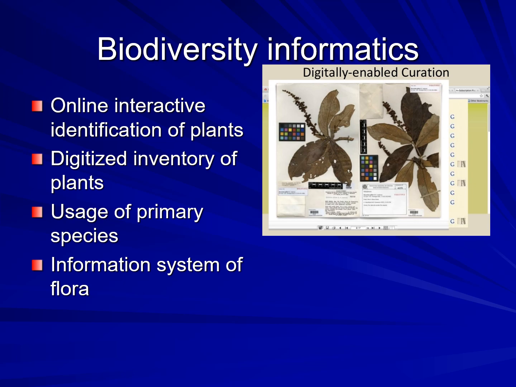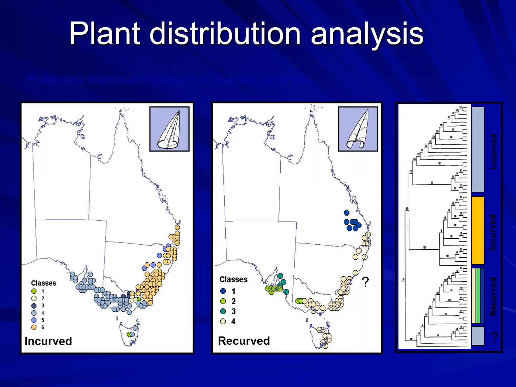We can develop a digitized inventory of plants, and species information systems for the flora. Bioinformatics tools are responsible for development of this type of work. You can see here an image of digitally enabled curation. Plant distribution analysis can also be done by using bioinformatics software.